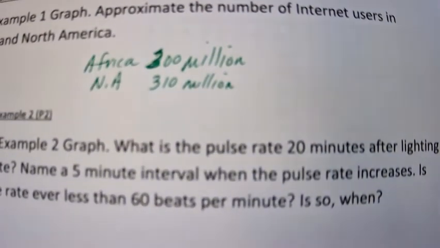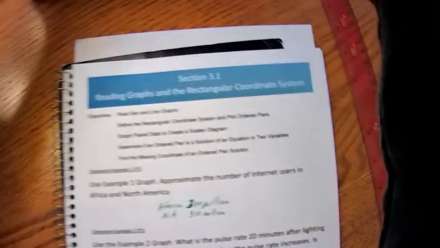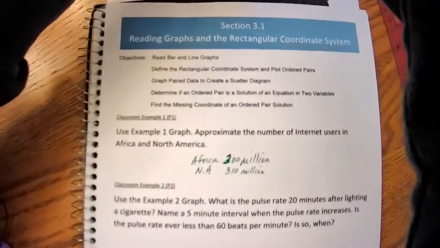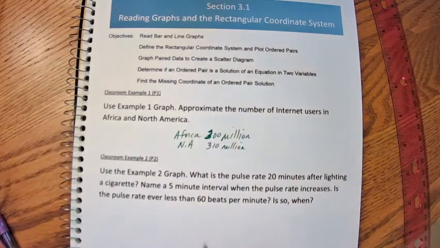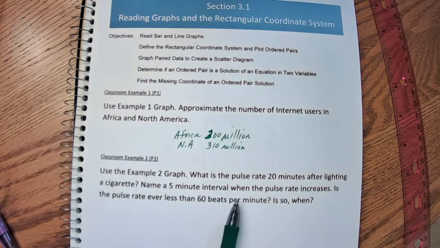So that's just getting us used to always look at the axis, the graph title, and what's going along this vertical axis and what's being represented along this horizontal axis. Example 2 says, use the example 2 graph, and we want to know what is the pulse rate 20 minutes after lighting a cigarette.